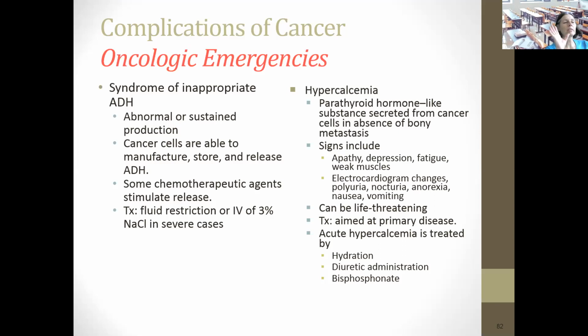So what do we do if somebody's got so much fluid retention? They can still excrete sodium through their tubules, but they're retaining the water. The water is being retained. So we're going to put them on a fluid restriction, and if necessary, if they're really bad, cautiously give 3% sodium chloride.